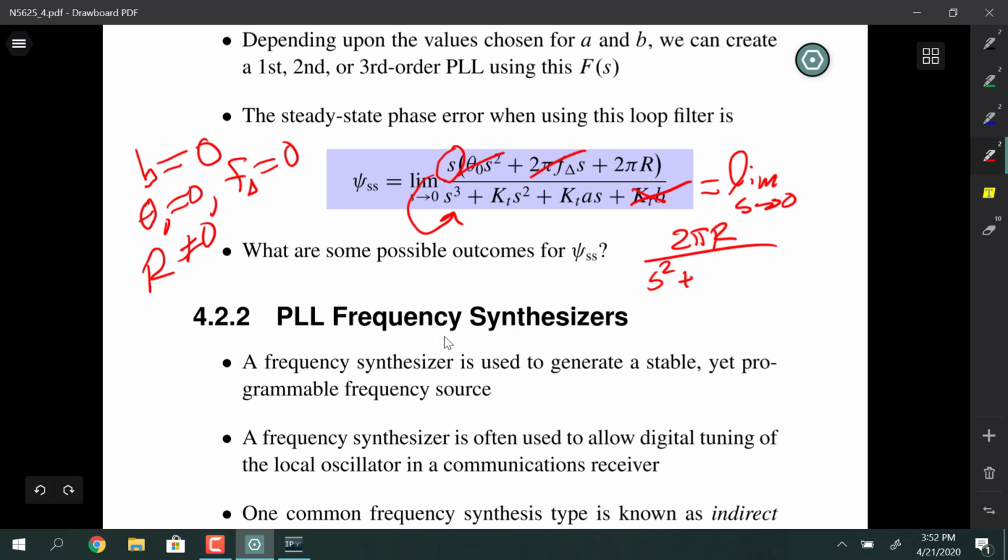S squared plus kt, and actually I screwed that up. We'll have an s in here, and then we're going to have kt times a. Is everybody following that? I'm dividing one s out of the denominator, so I'll have s squared, kts and then kta. But now as that limit goes to 0, as s goes to 0, this is going to be 2 pi r over kt times a.